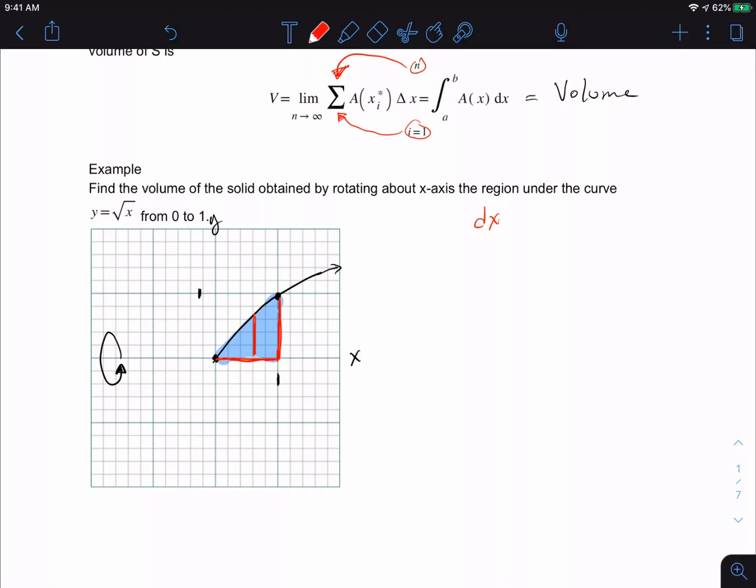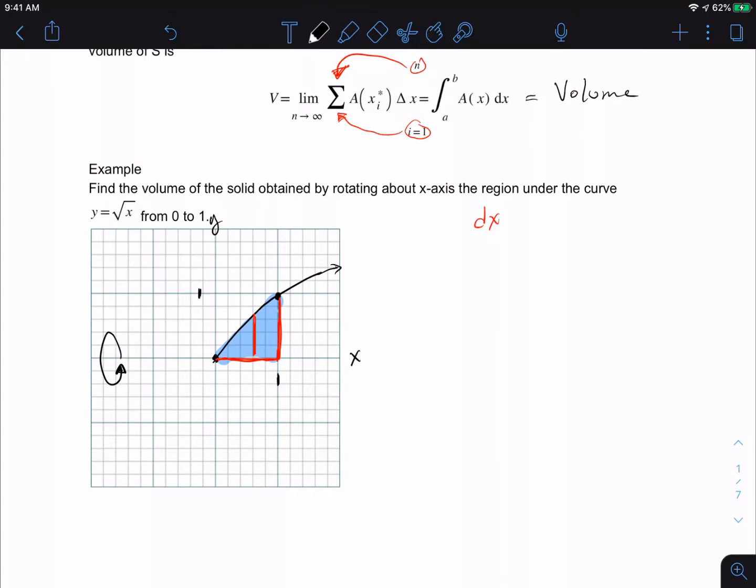Okay? Now, some information for you. What's going to end up happening here, and it's important you guys see this, if we rotate about the x-axis, right, it's just the curve that's being rotated, and then we're going to fill in the area, right?